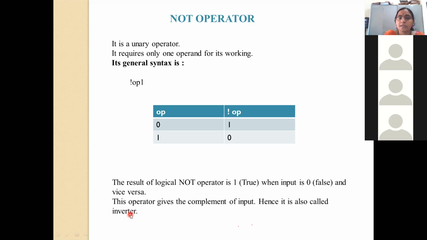Only one operator is a unary operator, and most of the time there is a possibility of a question on this topic: which one of the following is the unary operator, and the multiple choices are logical NOT, then logical AND, then plus operator, then less than operator.